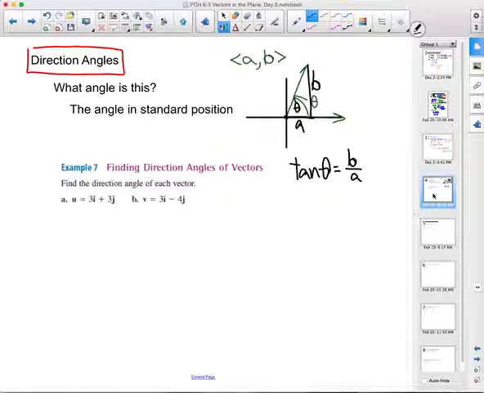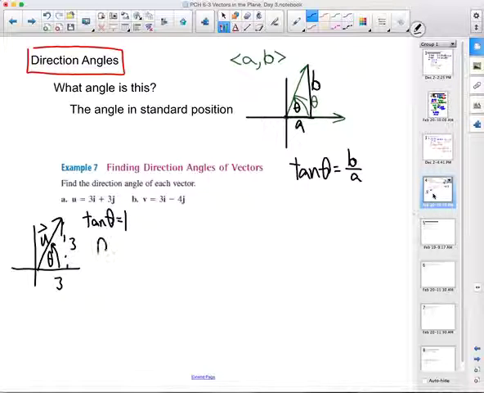So, if I've got u, which is the vector 3, 3. Okay? Here's my vector u. I'm trying to find my angle theta here. So I'm going to have 3 here and 3 here. So I have tangent of theta equal to what? 1.